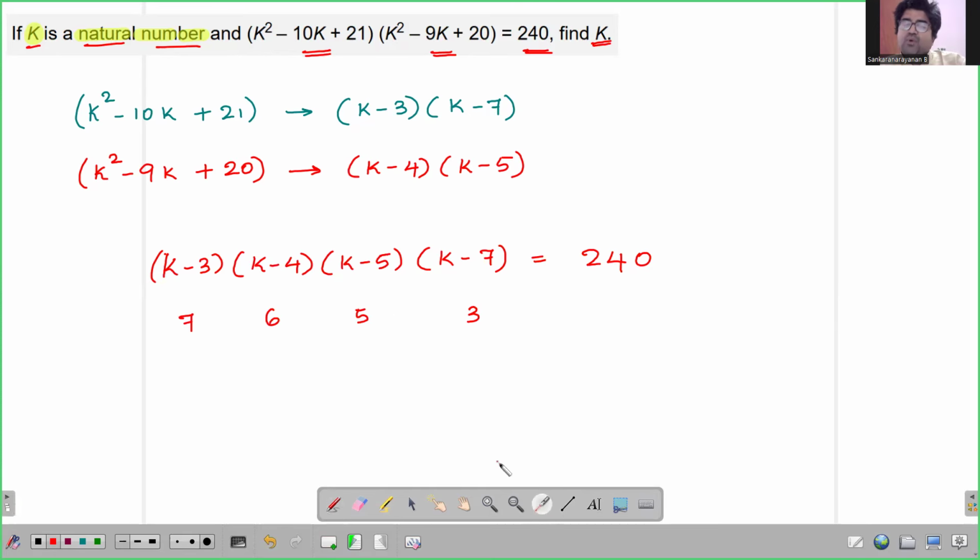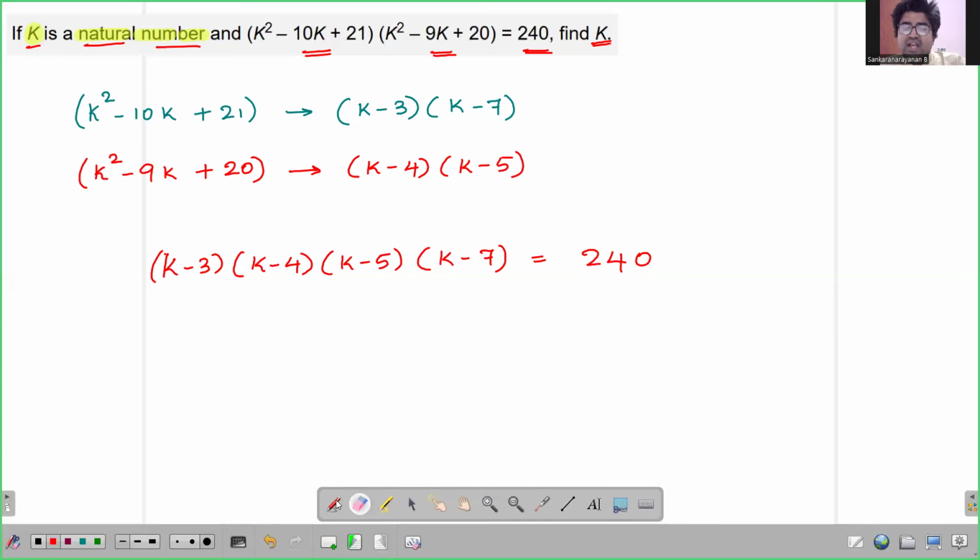Just see the product here. 6 5s are 30, 30 into 3 is 90, 90 into 7 is 630, right? It's way above the 240. So definitely I can't consider that k is equal to 10.